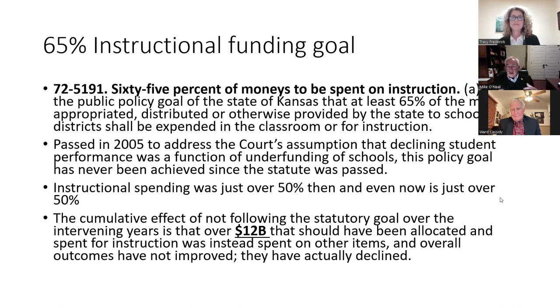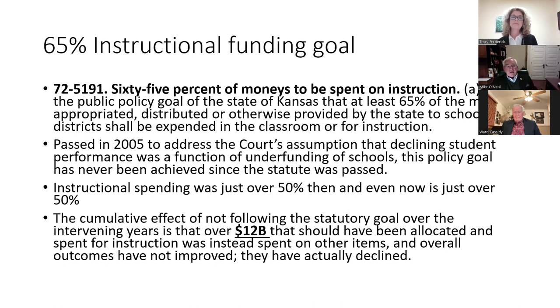They had a lot of things to review, and they were sincerely convinced that we needed to spend more money, particularly on these 25 to 30% of underperforming students, mostly minorities, socioeconomically challenged, educationally challenged students. So this was in 2005. This statute, 72-5191, was passed in 2005.